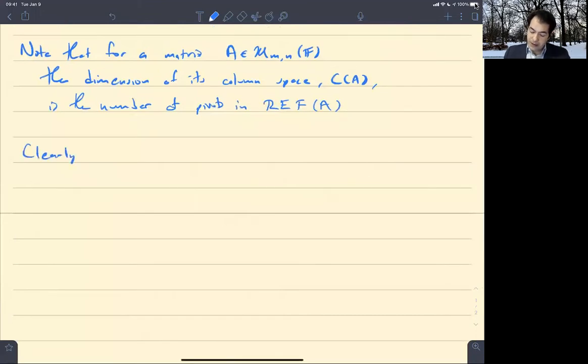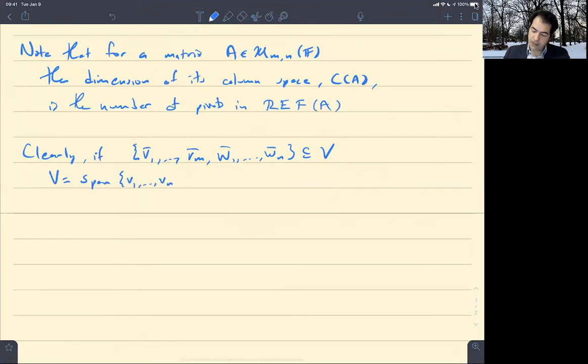Now, clearly, if we're in the same situation we were at the beginning, where we have a bunch of v vectors and a bunch of w vectors inside a vector space, and V is equal to the span of the v's, and the w's are linearly independent, then n is less than or equal to the dimension of V is less than or equal to m.